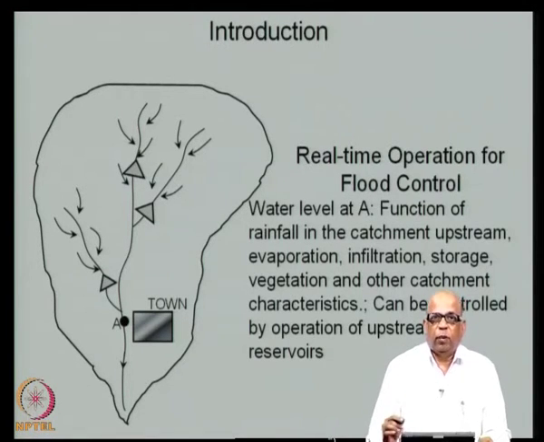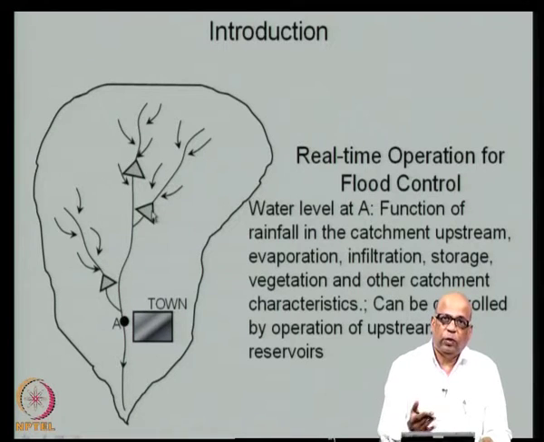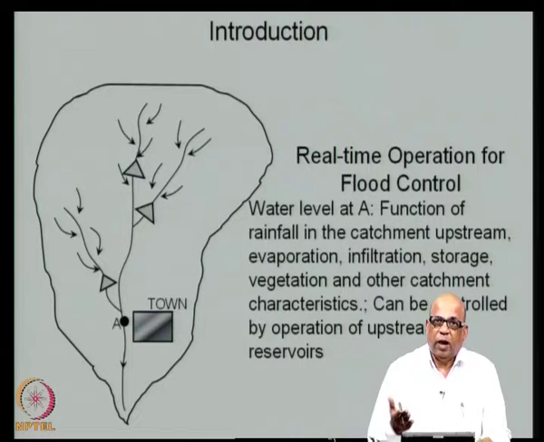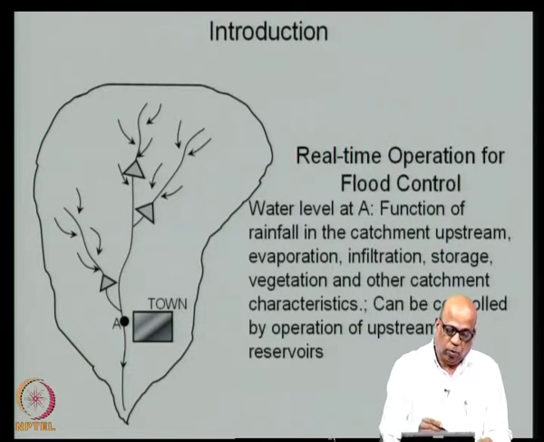This appears to be a simple problem. However, the challenge, and in Indian situations it is a very real challenge, is how much do we store and how much do we release, because the high intensity rainfalls are in fact bringing large amounts of water. So, an intuition is to store the water, but as you keep on storing, the storage level builds and the cushion for the floods gets smaller and smaller.